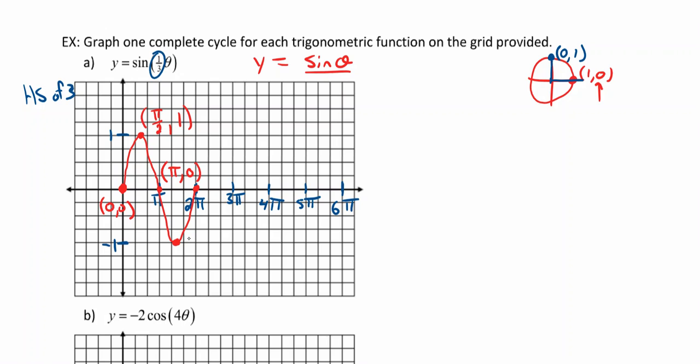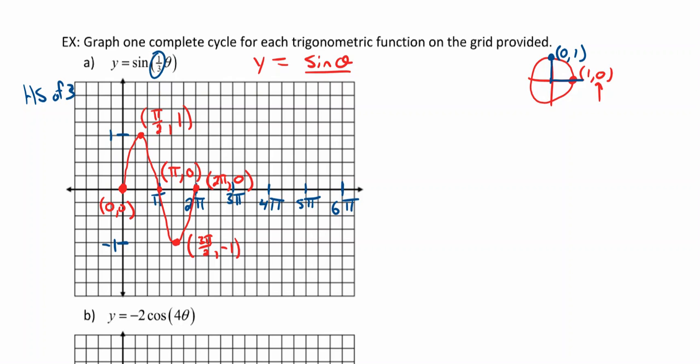This point here would be 3 pi over 2, comma -1. And then this point here would be at 2 pi, comma 0. All right. So now the reason why I wrote those out, I won't do this every time, but I just want you to remember these are our x values, right?